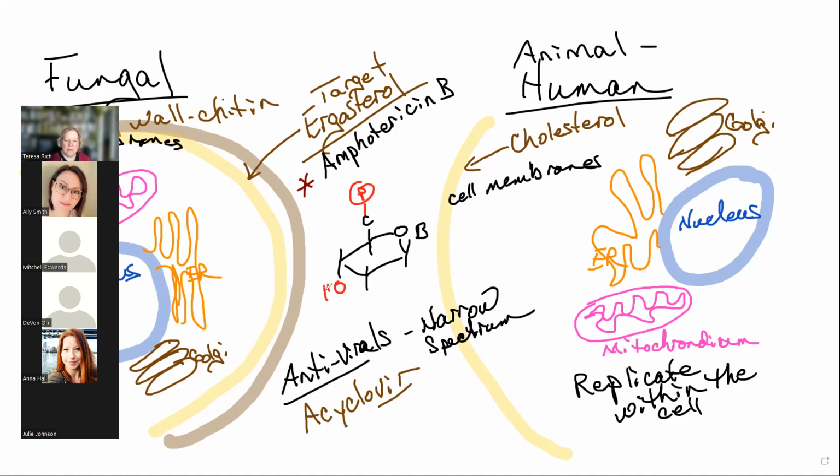And I've got an OH here that my next nucleotide is going to hook onto. So if I'm, say, replicating my DNA, and I drew that too far over, let me move it over so it lines up a little better.